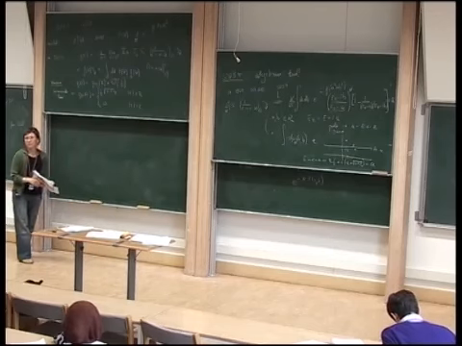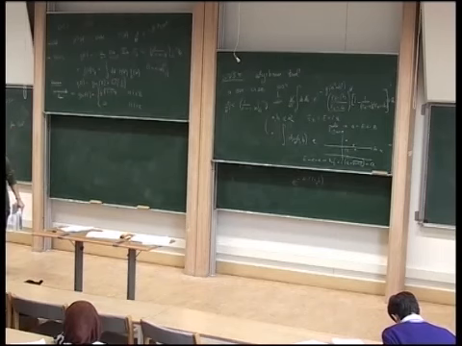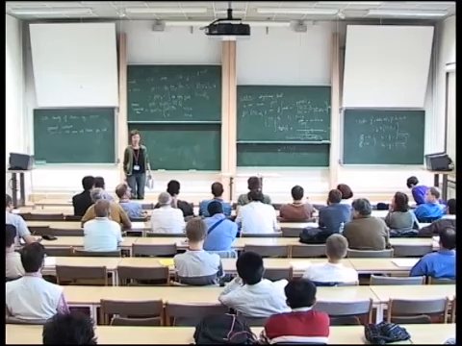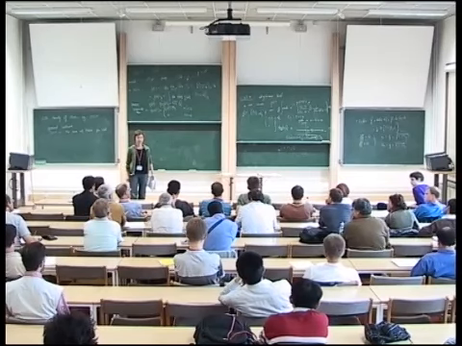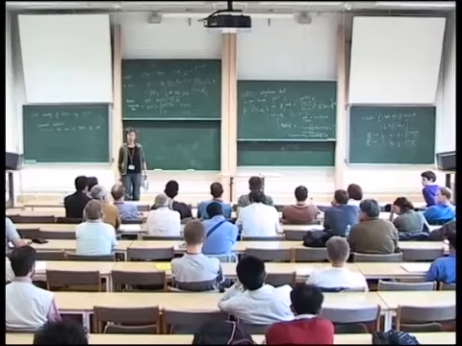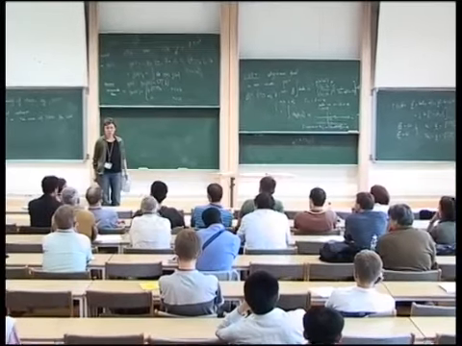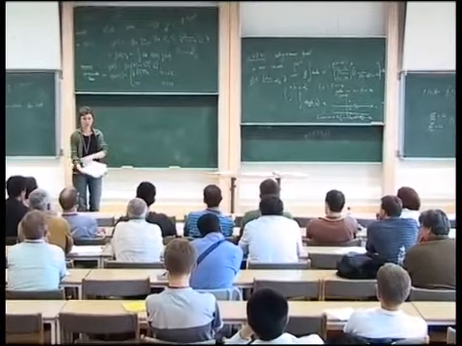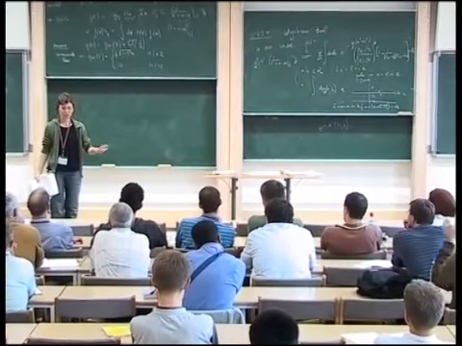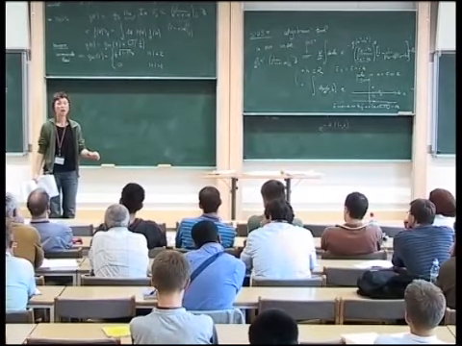I'm still confused. For the semicircle law, we need the distribution of the trace of H squared, and what else? Well, what do you mean? There is P of H. The semicircle law is for the Gaussian unitary ensemble. You assume the Gaussian unitary ensemble? Yes.